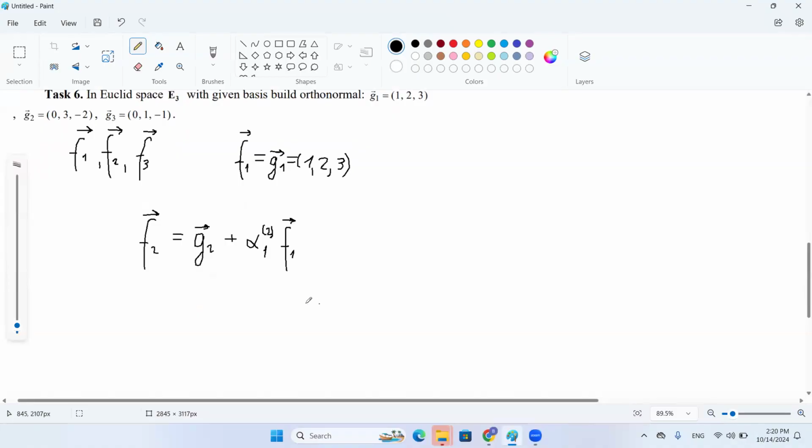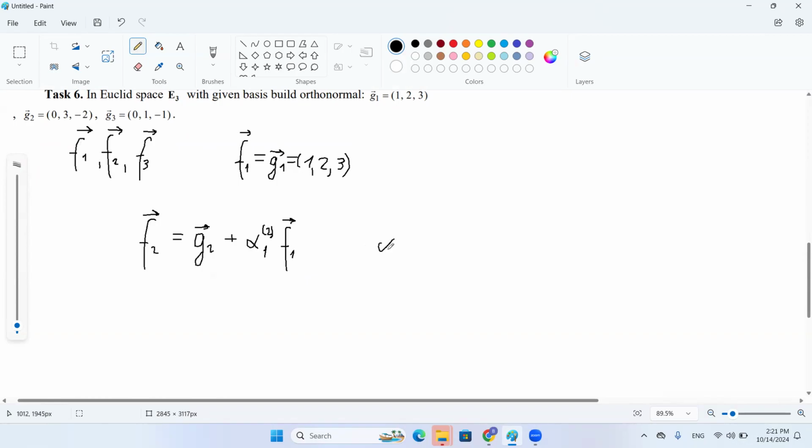And how to find alpha 1 basically. Alpha 1 with the upper index 2. Upper index means the iteration. So it's the second iteration for finding orthogonal vectors.